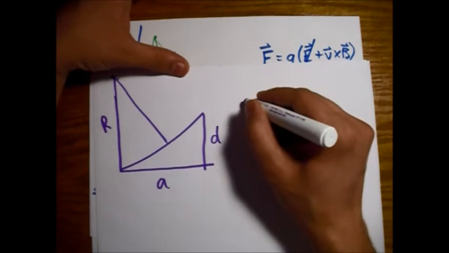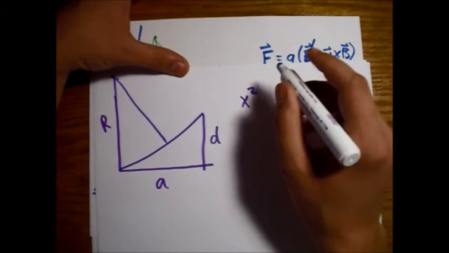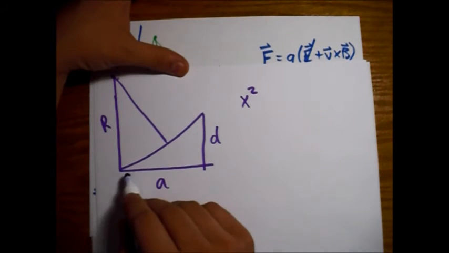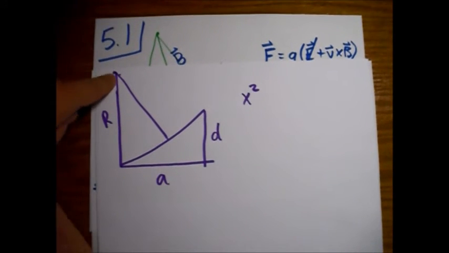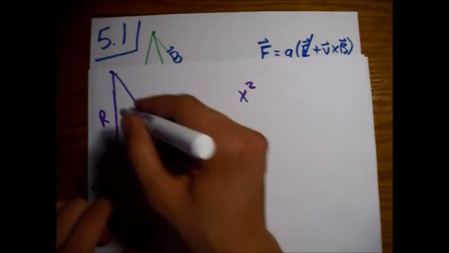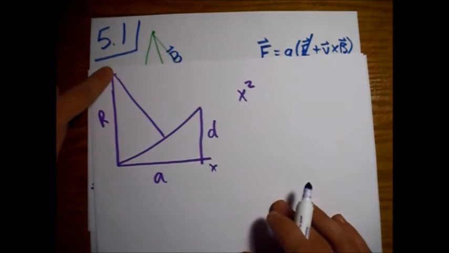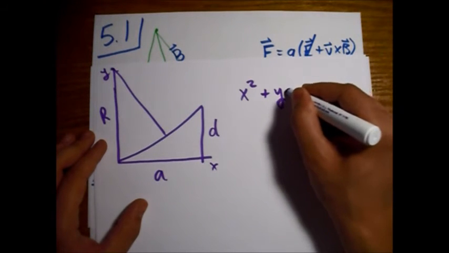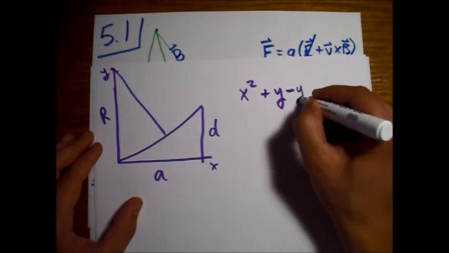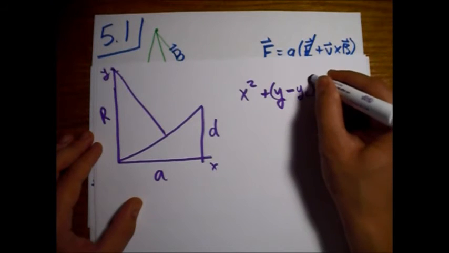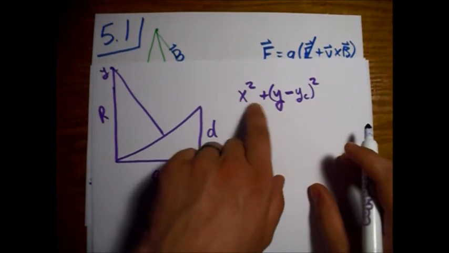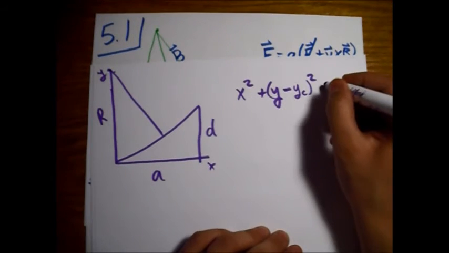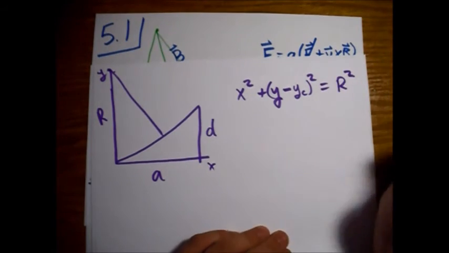Our equation for a circle is just x squared, and let's just leave this as x squared because our center will be, if this is the x-axis and this is the y-axis, at x equals 0, okay? Plus y minus the y coordinate of the center, squared, all right? Normally there would be an x minus x sub c term, but x sub c is equal to 0, so that's why it doesn't appear there. And that's equal to r squared, okay.